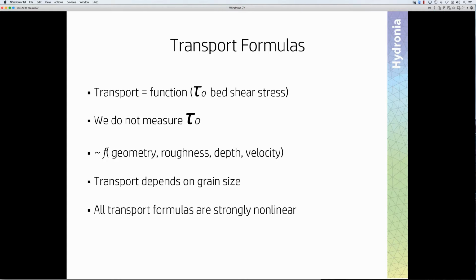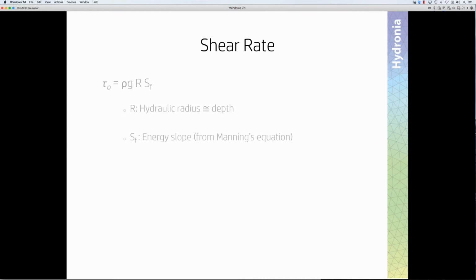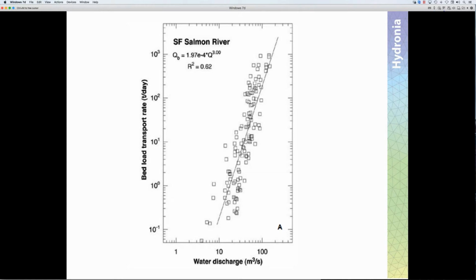Now, the formulas are all nonlinear, and that has a problem in how they can be computed, and the uncertainty of the event. Now, the shear rate also, as I said, we are not able to measure that, and it's a function of the hydraulic radius and the energy slope, and is normally calculated with variables such as velocity and depth.